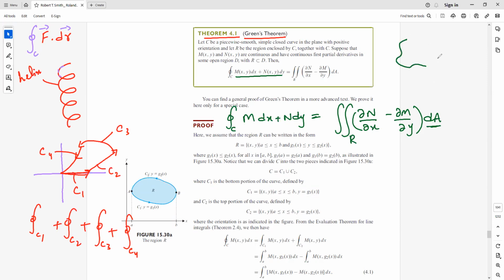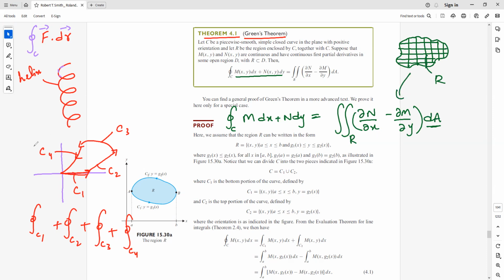So what it is actually doing is breaking this region into smaller areas, and then collecting all the areas to sum up and give the total circulation in this region R, right? So this is what it means.